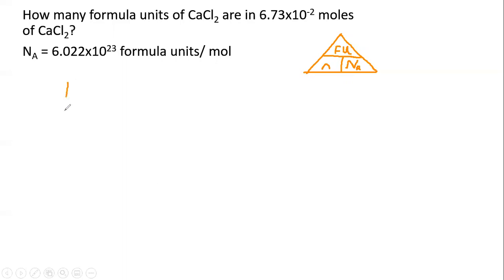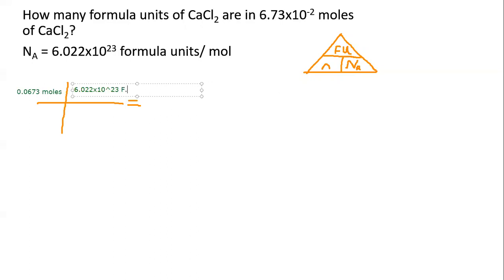So we set up our train track. So again, moles times Avogadro's number. So we have our moles. Now for Avogadro's number, it goes on top. 6.022 times 10 to the 23rd.